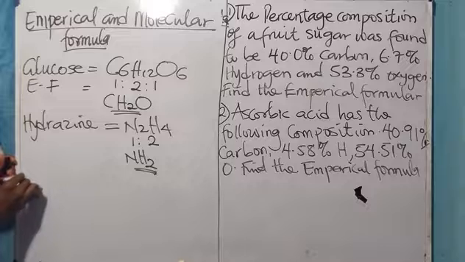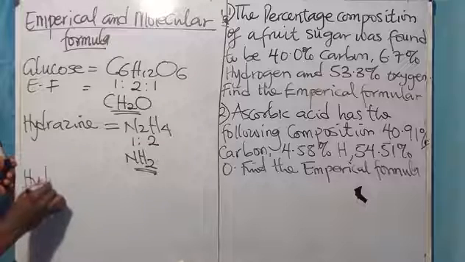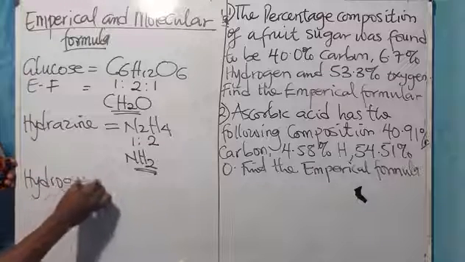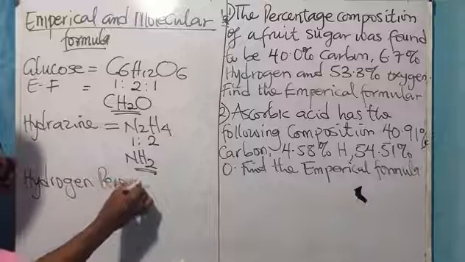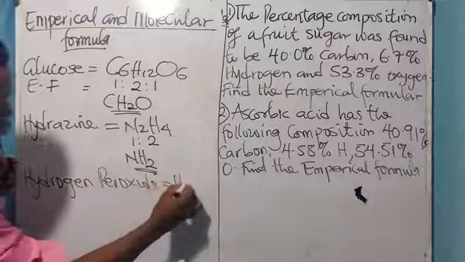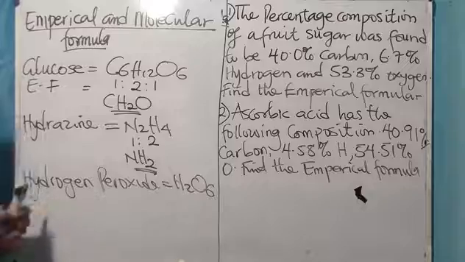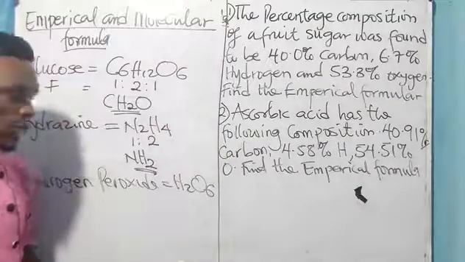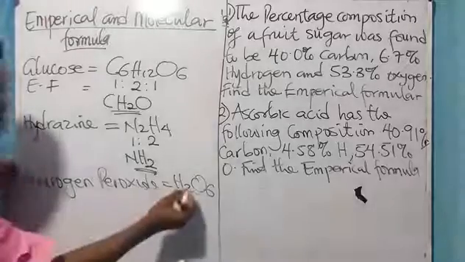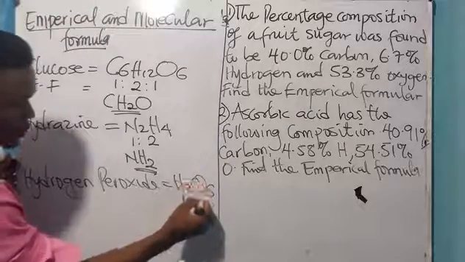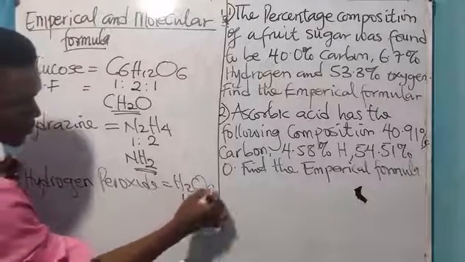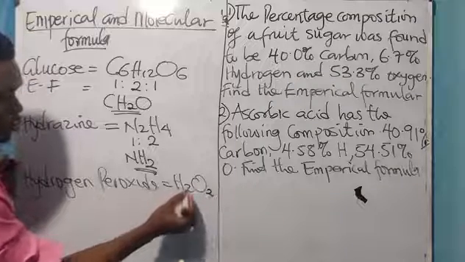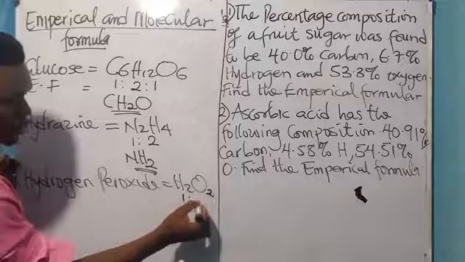Another example is hydrogen peroxide. Hydrogen peroxide is H2O2. This is the molecular formula of hydrogen peroxide. But the empirical formula is: 2 divided by 2 is 1, 2 divided by 2 is 1.